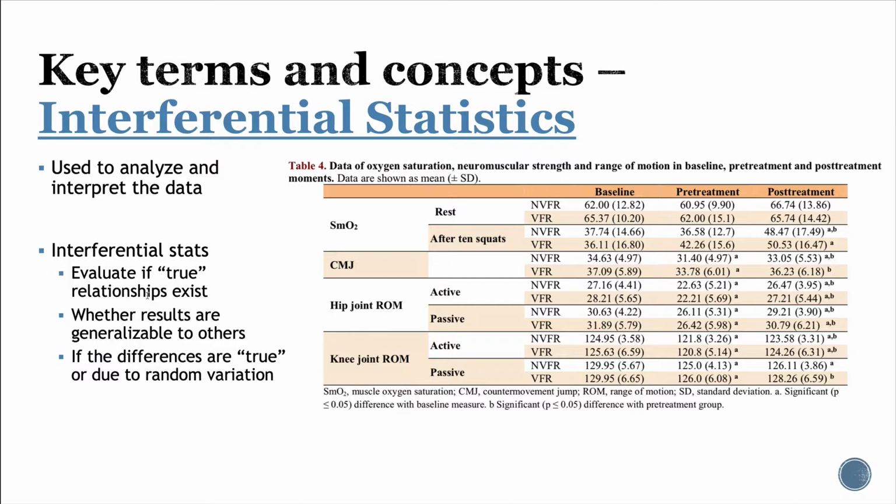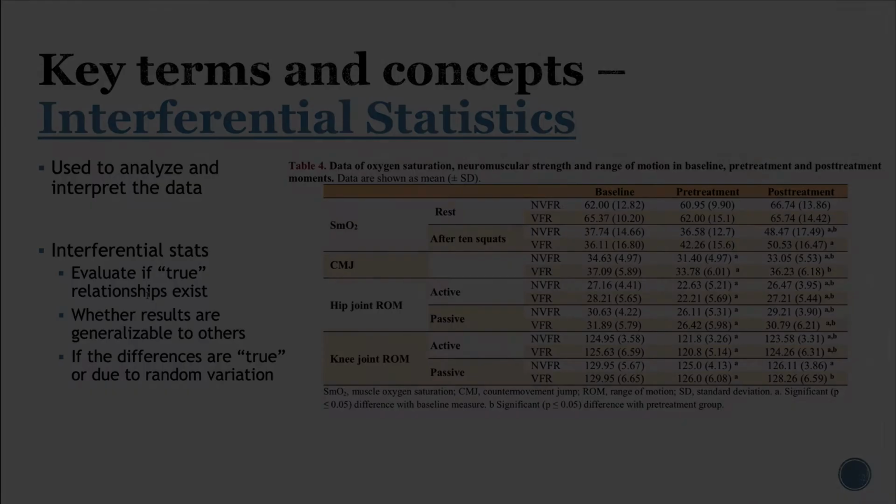So inferential statistics allow us to determine if true relationships exist between the data and whether those differences are likely to be seen in others or in the whole population. So if the differences are true, then obviously we can have some confidence that we would see similar effects in the population we work with, in our subjects.